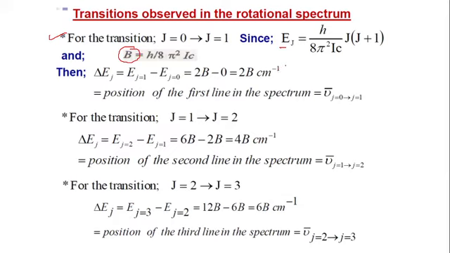Okay, what is the formula for this? This energy is equal to BJ(J plus 1). Here our formula for this energy is equal to what? B, the rotational constant, times J into J plus 1.